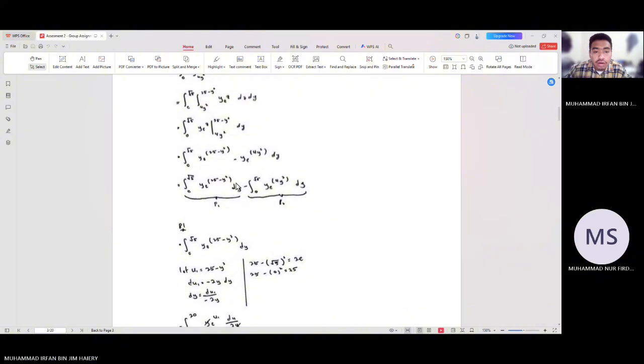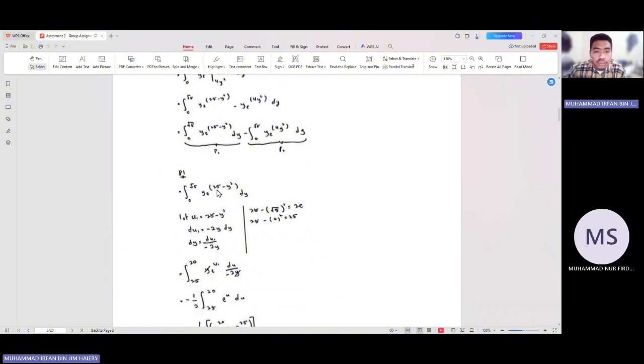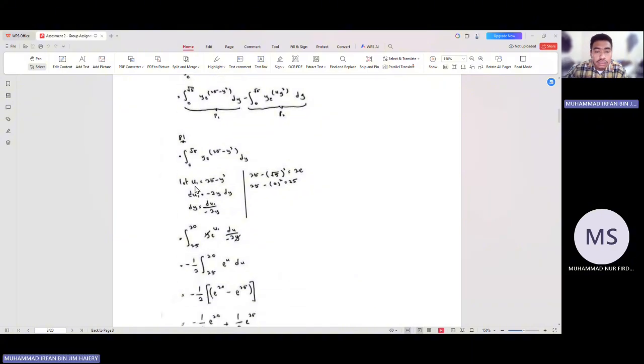But I choose to separate it into part 1 and part 2 because I feel more comfortable calculating it. For part 1, we separate this equation, which is the right hand side. Here we should use substitution.